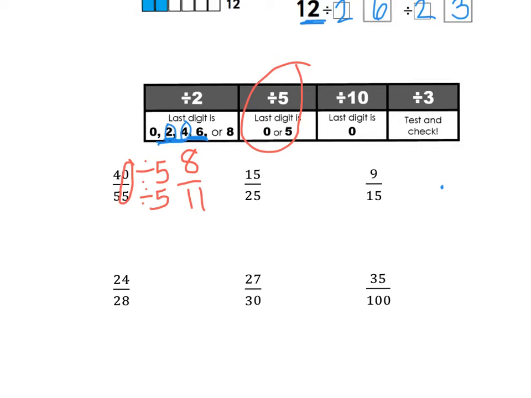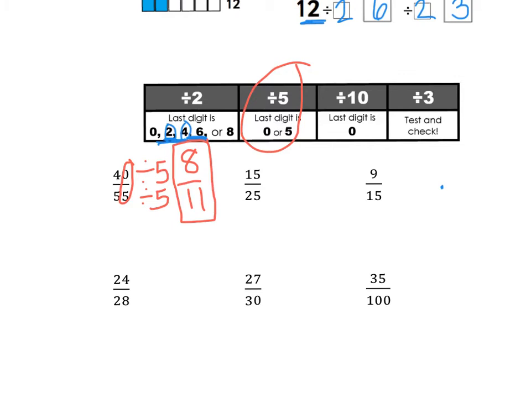So let's see, is there anything else that 8 and 11 have in common? Well, since 11 is a prime number, it does not. So we are done. So 8/11 is our most simplified fraction.